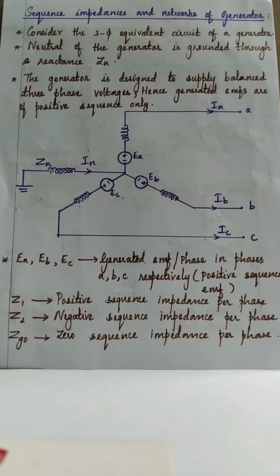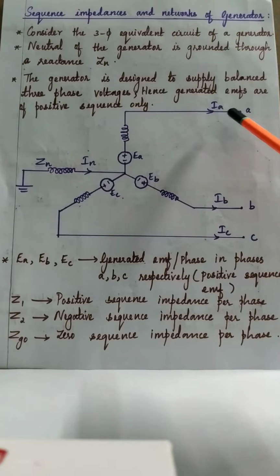So if you look at the three-phase synchronous generator, we can draw three separate sequence networks: positive sequence network, negative sequence network, and zero sequence network. Let us consider a three-phase equivalent circuit of a generator as shown in this diagram.